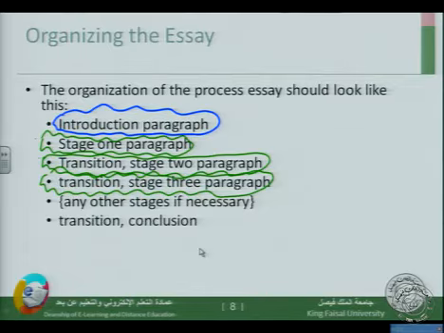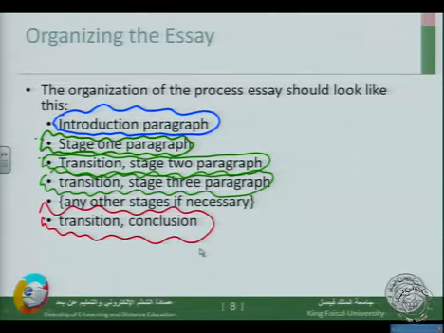And if you have any other stages, if necessary, you can write a 4th. And then you need to use a transition like finally in the conclusion, and you write your conclusion at the end.